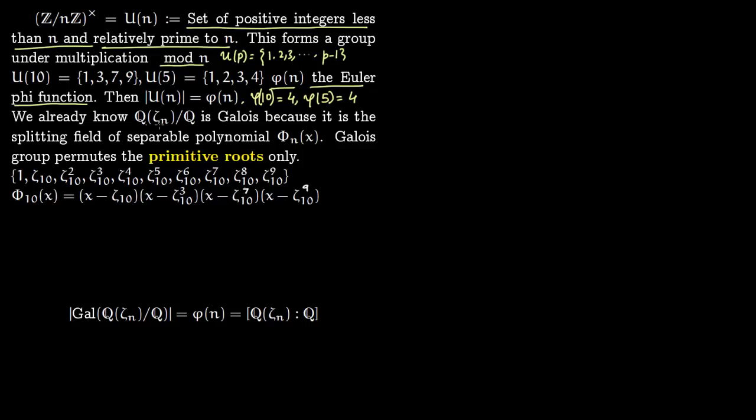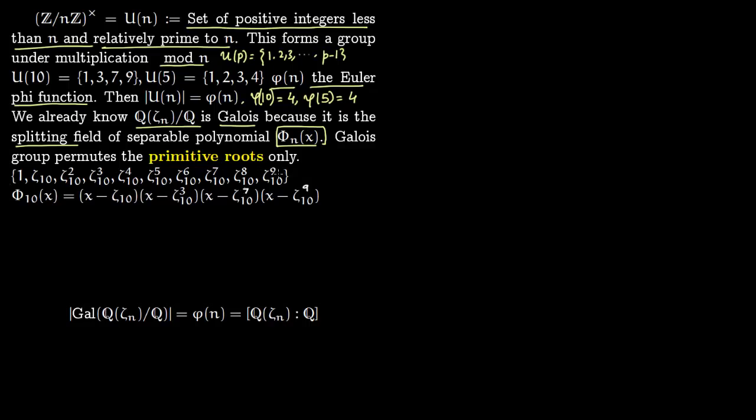So we already know this extension, you adjoin zeta n to the rationals over the rationals, is Galois. Now this is Galois precisely because this is a splitting field of a separable polynomial, which is our cyclotomic polynomial. So the Galois group of this cyclotomic polynomial will permute the primitive roots only, precisely because this cyclotomic polynomial was constructed out of primitive roots.